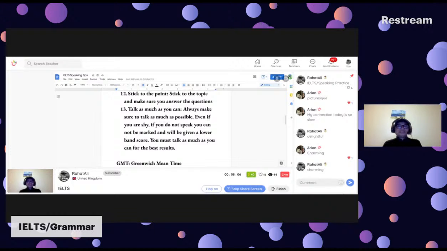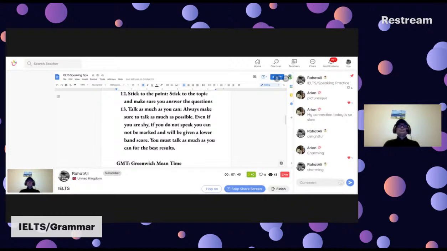And number 13, which is important as well, talk as much as you can. Now, if you remember in the IELTS speaking section, the second part test, you'll be given a topic. Sometimes the teacher can say, choose a card on the table randomly.